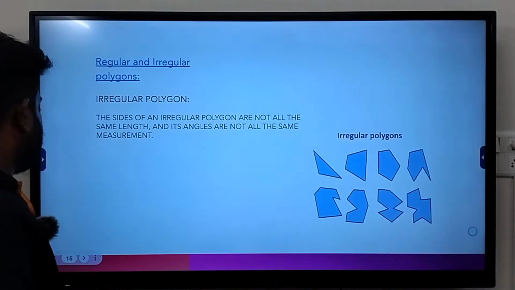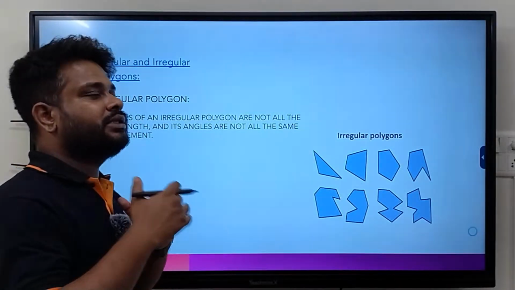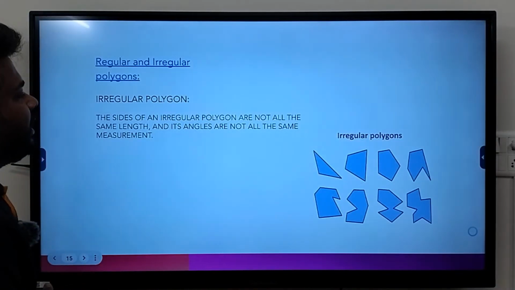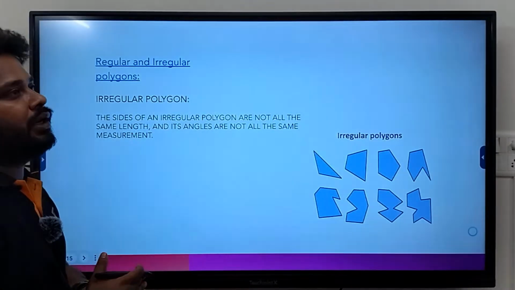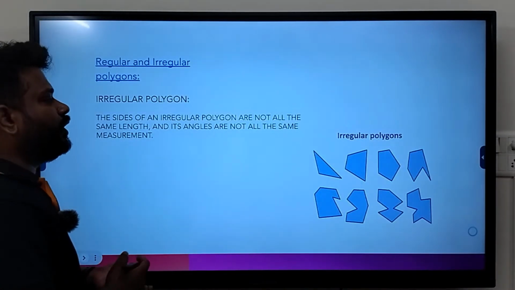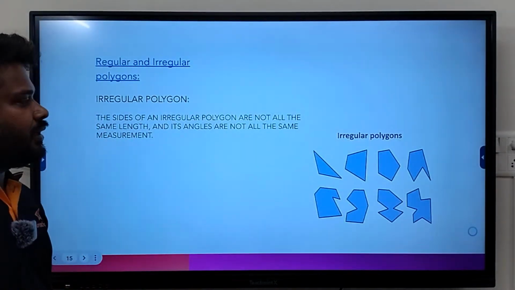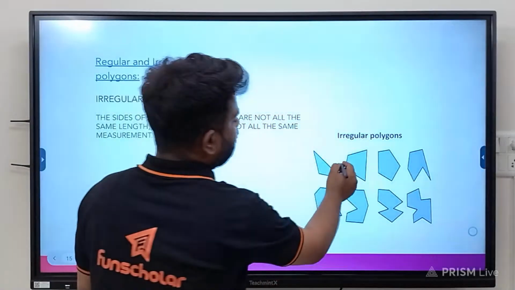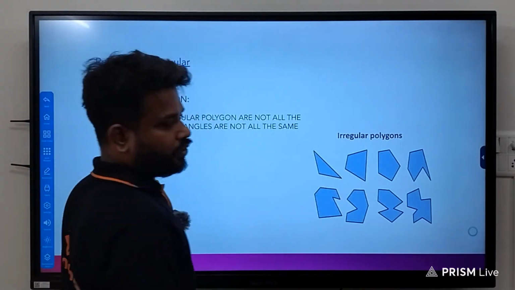Okay, and now coming to irregular polygon. Irregular polygon is just the opposite of regular polygon. Basically, irregular polygons don't have opposite sides equal. So it will be like a trapezium. Trapezium is a quadrilateral, and it will also be an irregular polygon because this side and this side are equal, but this side and this side are not.